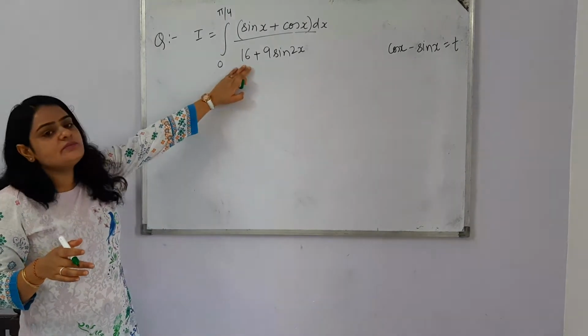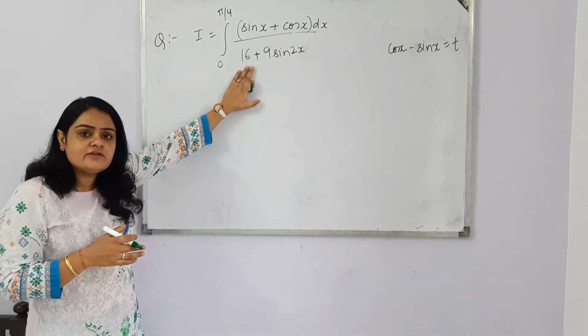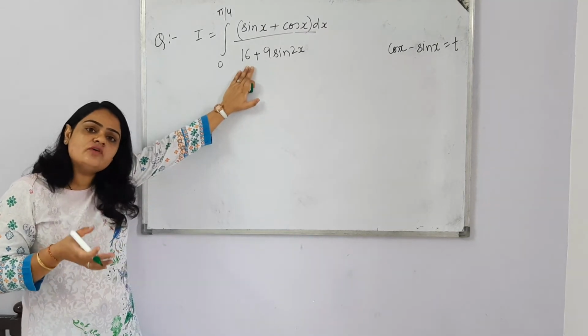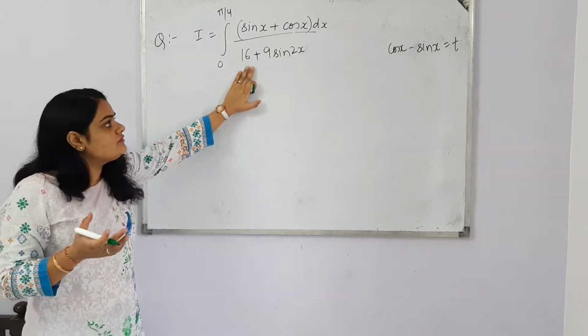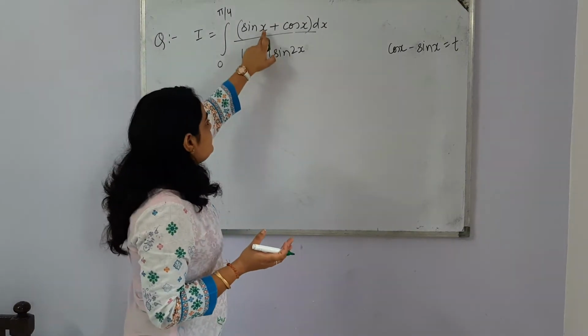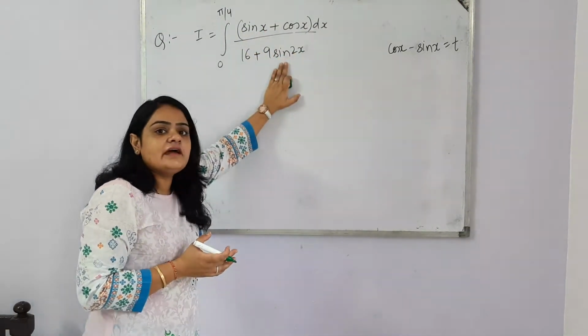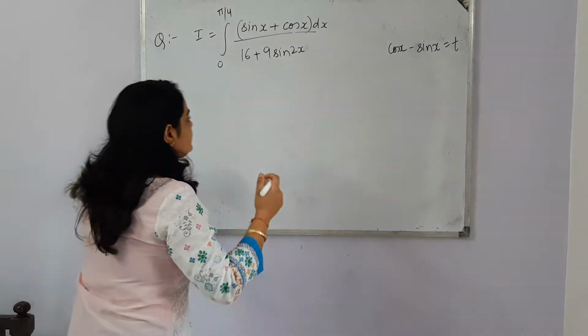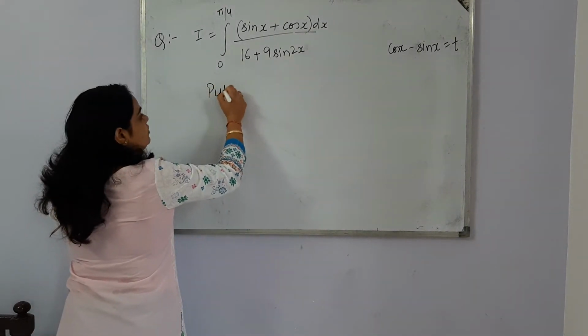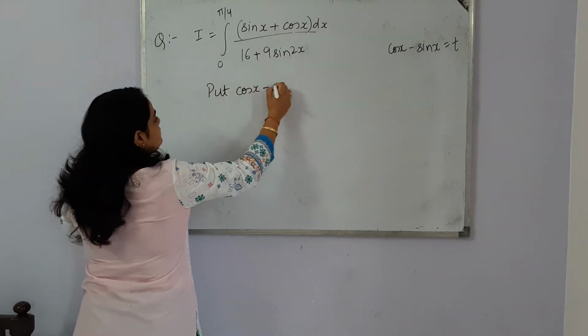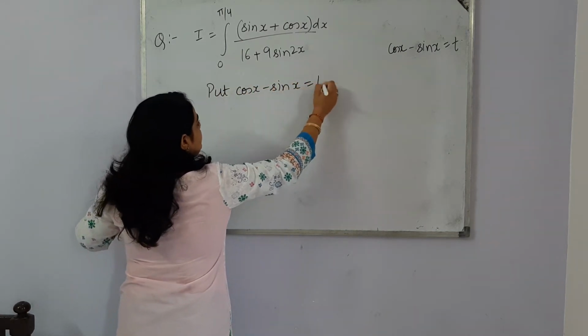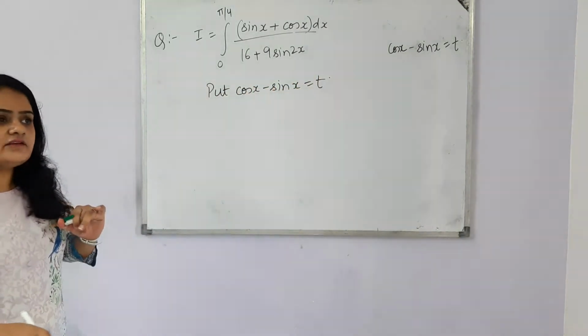Here cos x minus sin x is not available in the function, so we are just trying to form it, because in the numerator the derivative is available. In the denominator we are having sin 2x. We know that we need to substitute cos x minus sin x equals t.